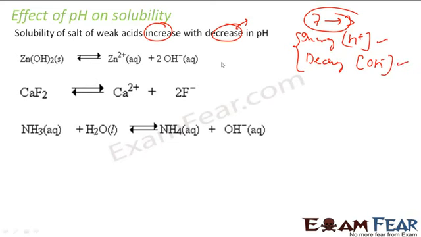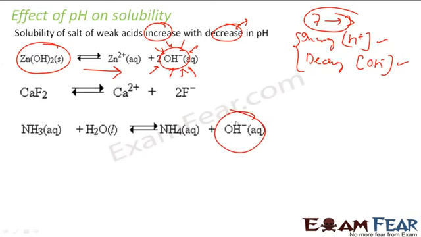If I increase the H plus ion concentration, OH minus ions will be used up here. So this OH minus ion will be consumed, which means I am decreasing its concentration. The stress of decreased OH minus ion concentration will be relieved if the equilibrium moves in this direction, which means more and more of this is dissolved.